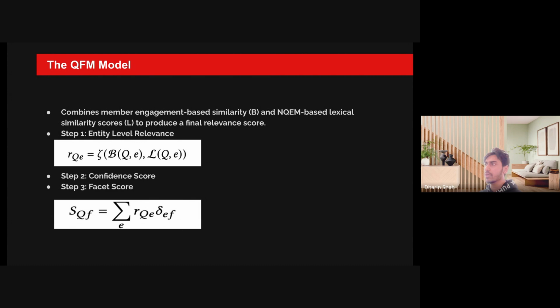The formula is what I've given on the screen. And there's a delta function, a Kronecker delta function, which is 1 when the entity belongs to a facet, or 0 otherwise. So if the facet is, let's say, video, for example, and the entity that was potentially matched before is, let's say, a collection like horror movies, while the video is One Punch Man, then the delta function is 0.